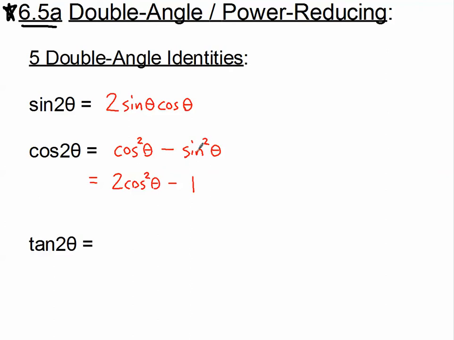This first one, you'd need to know the cosine and the sine to be able to calculate using it. The third one, similar to replacing this with a Pythagorean, if I replace the cosine squared with 1 minus sine squared, then I'd have 1 minus sine squared, or rather 1 minus 2 sine squareds. So that's the other name for this.